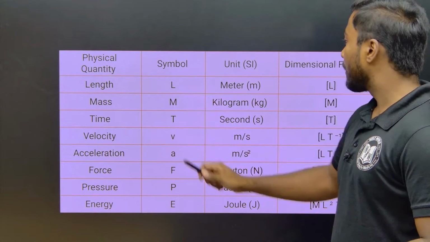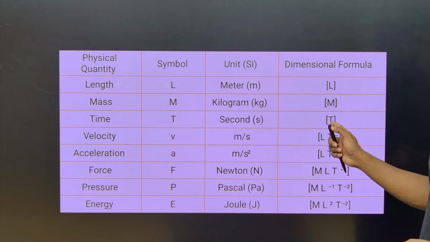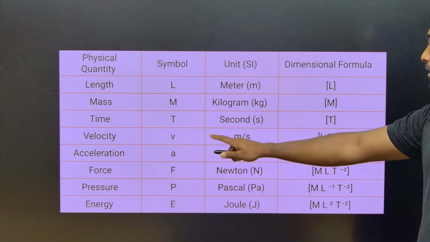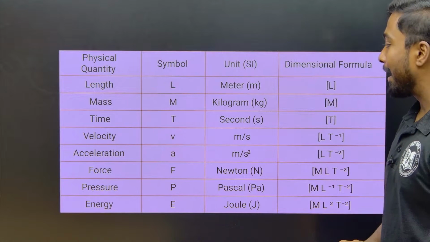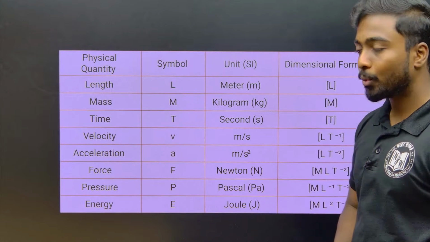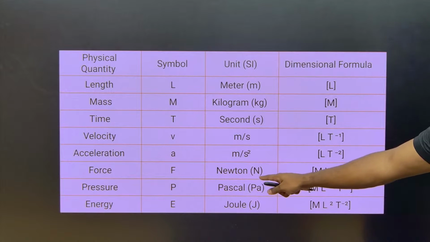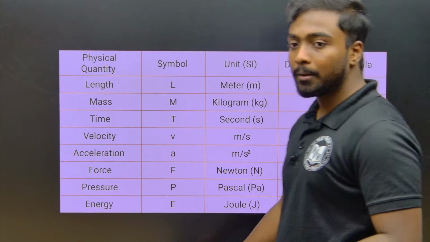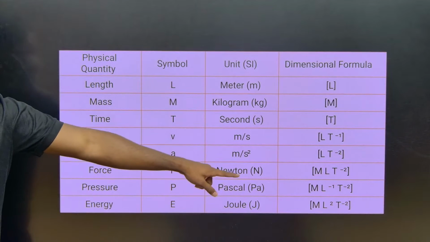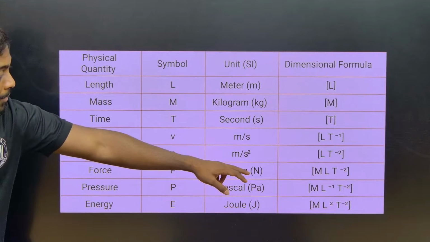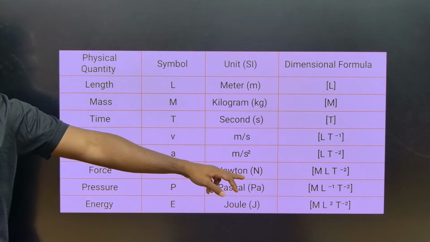Time is t, SI unit is seconds, dimensional formula is T. So velocity v, meter per second, L T power minus 1, acceleration a, meter per second square, L T power minus 2, force, Newton is the SI unit, F is the symbol, M L T power minus 2, pressure M L power minus 1 T power minus 2, energy is M L square T power minus 2.